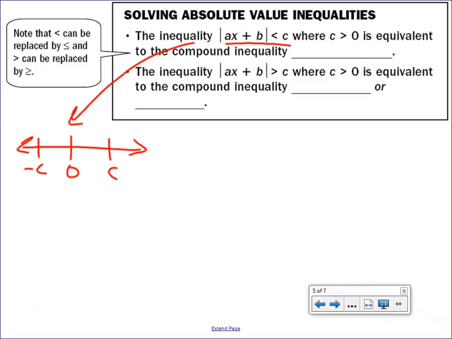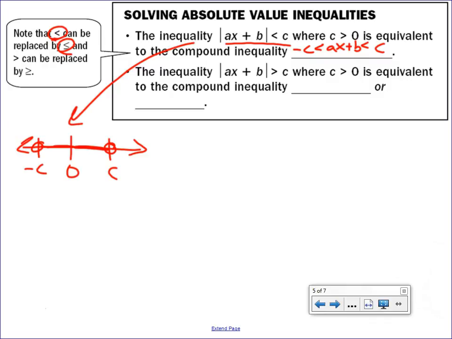If it's less than c, that means it's going to be down to 0, and the opposite is true. So that's a between one. So it's between c and its opposite. Ax plus b, whatever's inside the absolute value, is between the values negative c and c. Okay? Keep in mind that we can replace that symbol with less or equal to, the same thing.